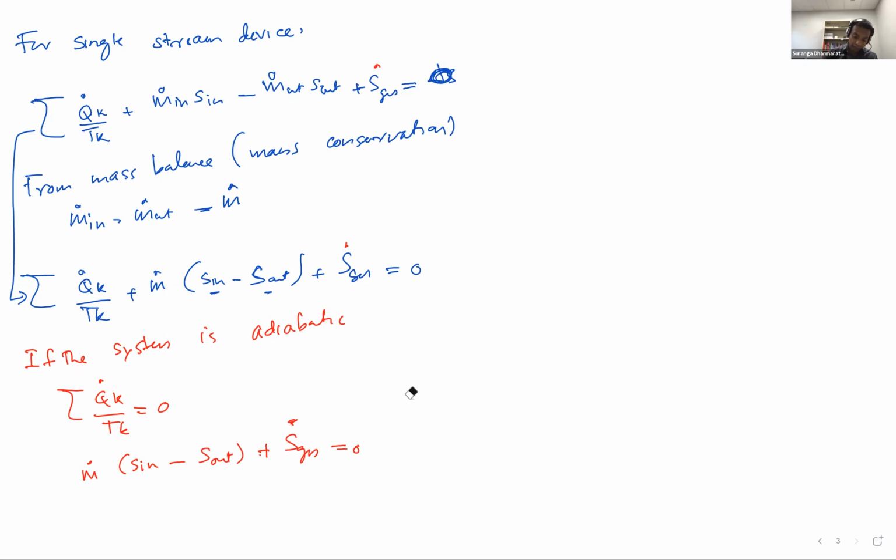Now we can write finally, for a single stream device, S dot gen equals m dot times s out minus s in.